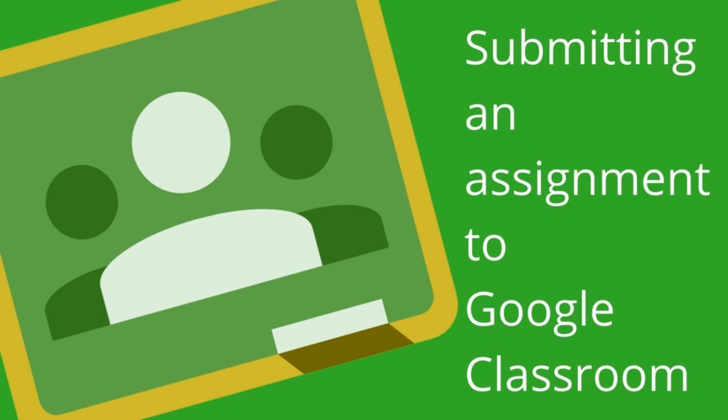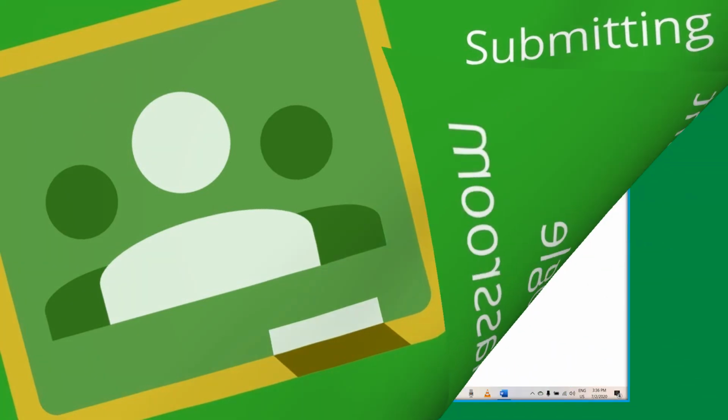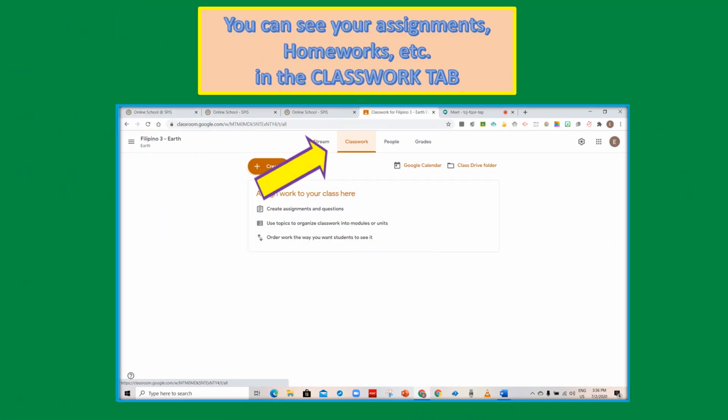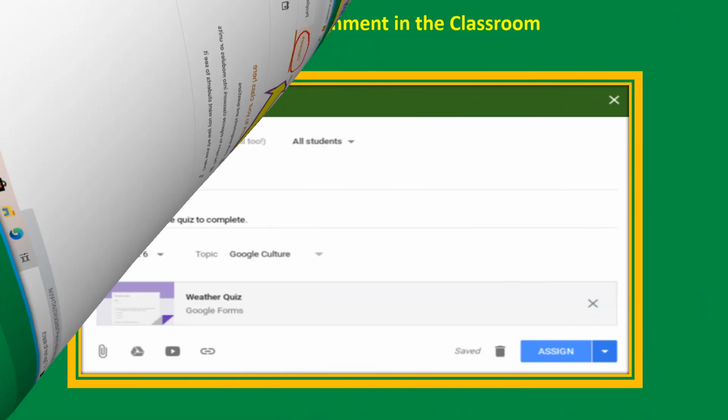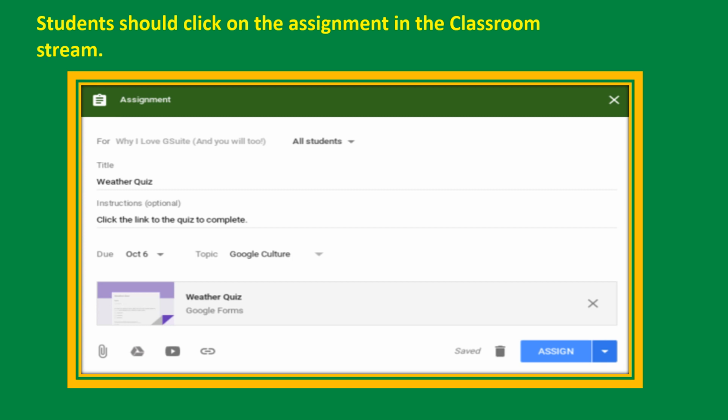Submitting an assignment to Google Classroom. As I've said earlier, you can see your assignments, homeworks, sitworks, and quizzes in the classwork tab. Like this page, students should click on the assignment in the classroom stream.